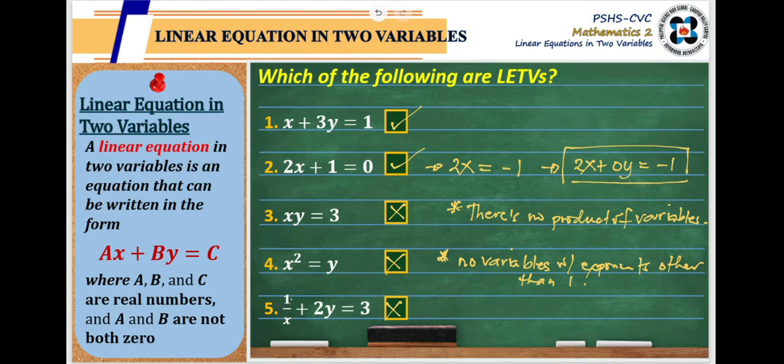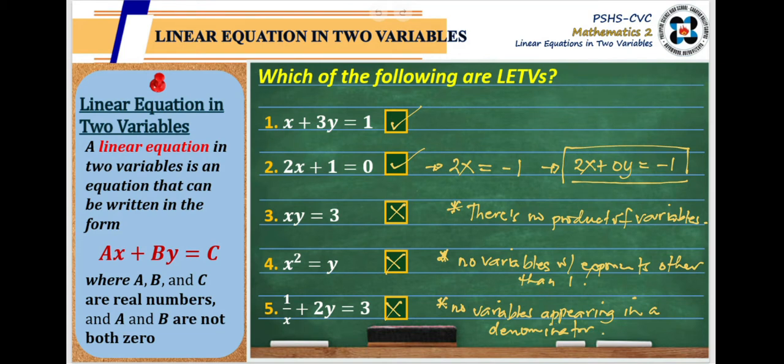Okay, so if we're going to multiply both sides of the equation by x, we will have x plus 2xy equals 3x, where we can find a term with the product of x and y. So here, we should also note that there should be no variables appearing in a denominator.